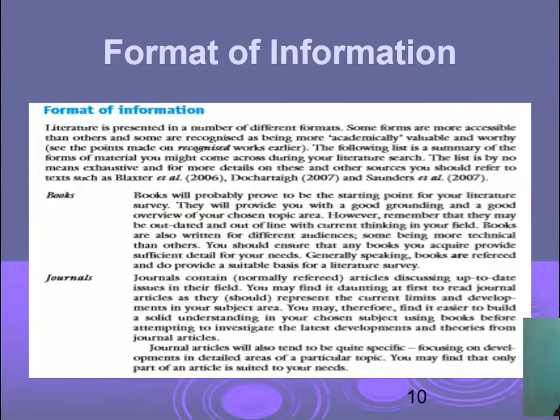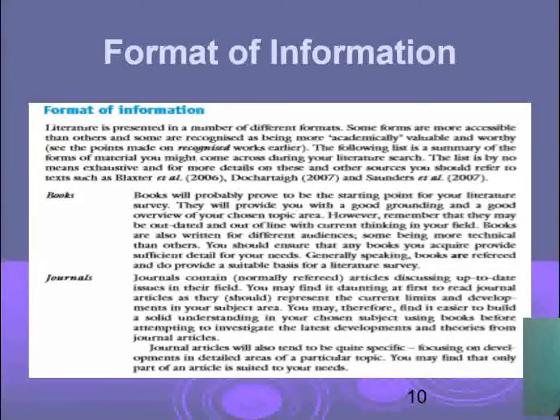So the next form of literature can be obtained from journals. When we say journals, we are talking about the refereed journals. These refereed journal articles are most of the time up to date in the area of the chosen field, and they are also from the latest developments in that area.